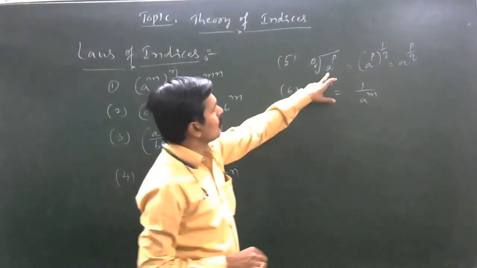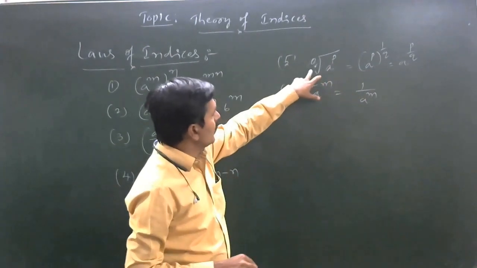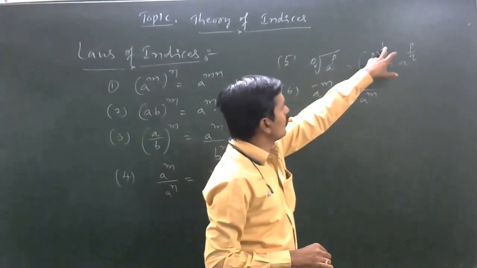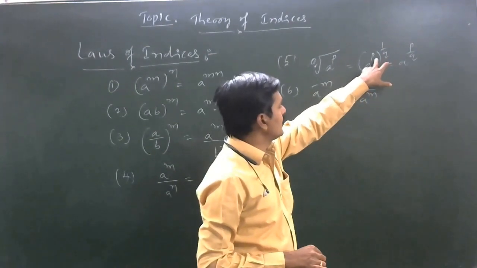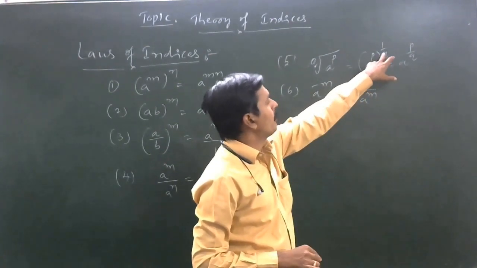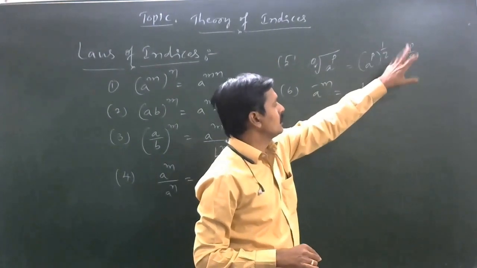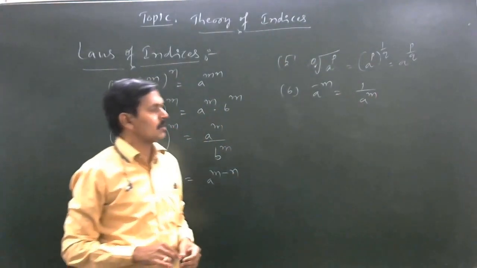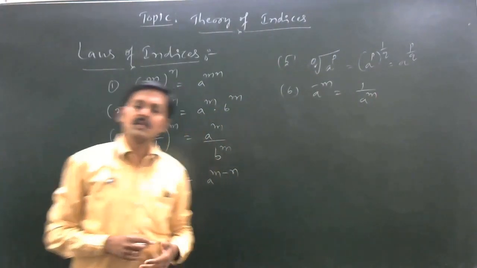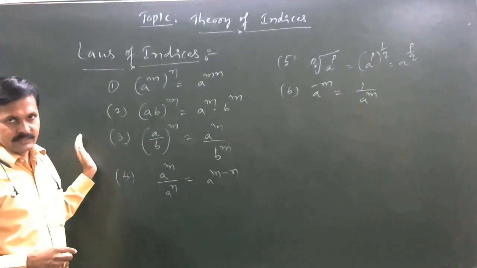The qth root of a power p is equal to a power p whole power 1 by q; again applying the law, p into 1 by q is equal to p by q. And a power minus m is equal to 1 by a power m. These are the important laws of indices.